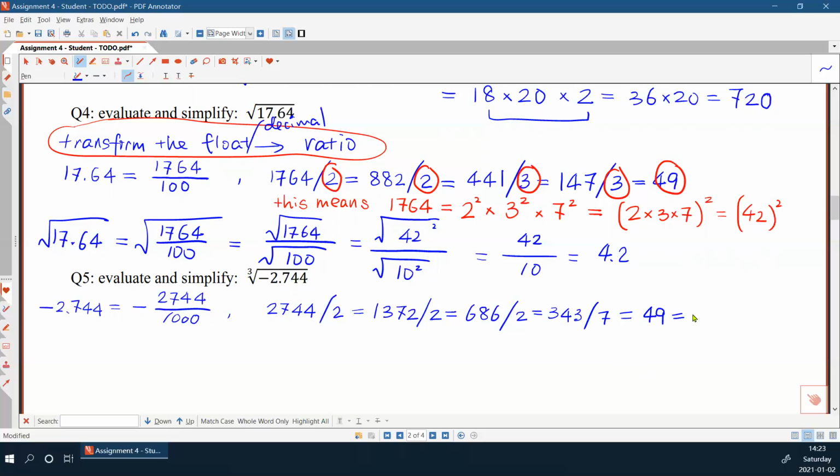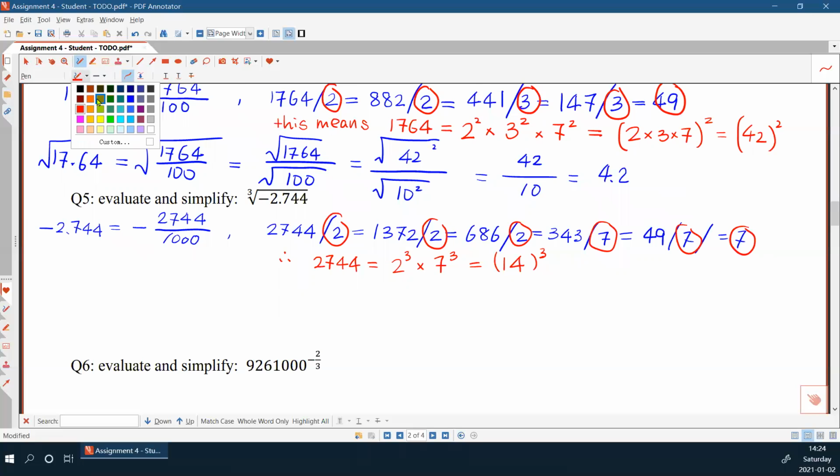And 49 can be divided by 7, which gives you a 7. So now we factor this number to 2 by 2 by 2 by 7 by 7 by 7. So 2744 is 2 to 3 times 7 to 3 times, which is 14 to 3 times, right?